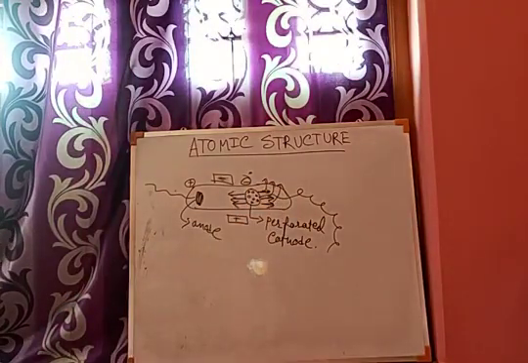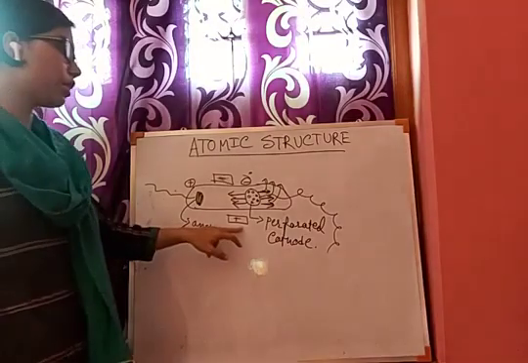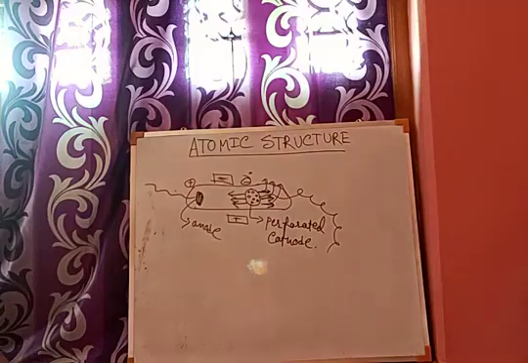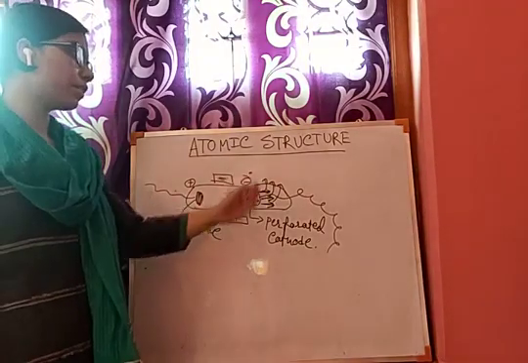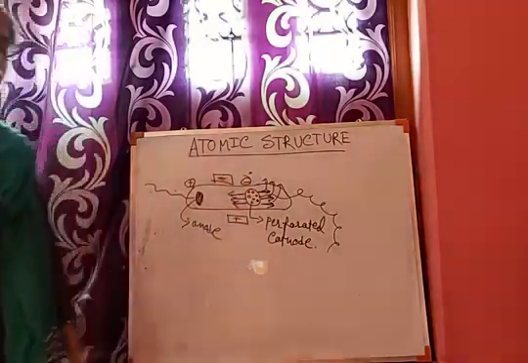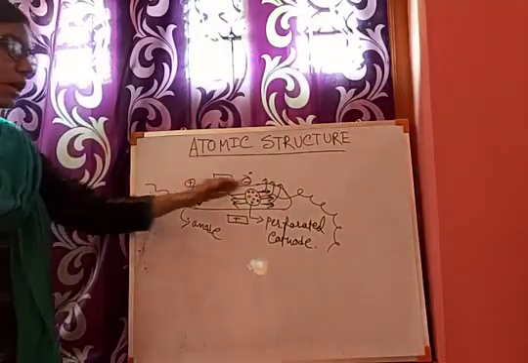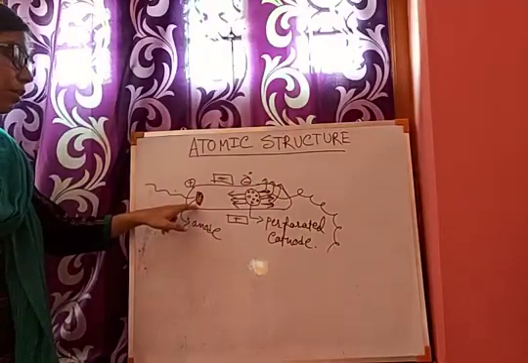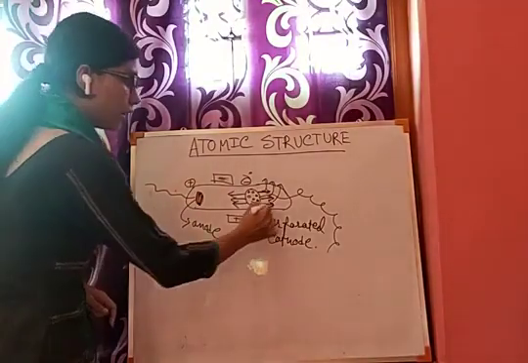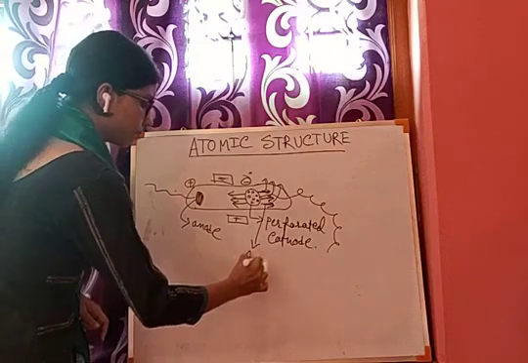Cathode rays were deflected towards the positive electrical field, and these rays were deflected towards the negative electrical field. As they were deflected towards the negative electrical field, that means they are positively charged. So they are going in the opposite direction and generating from the anode. So these are named anode rays.